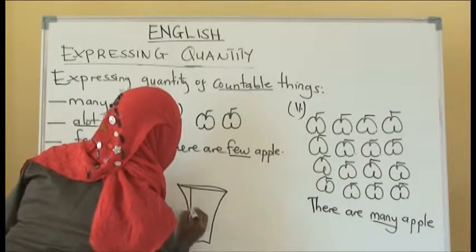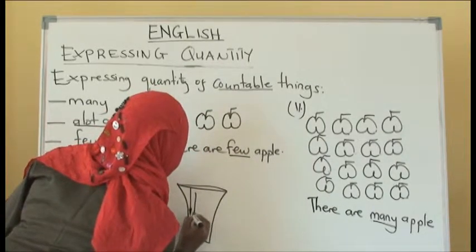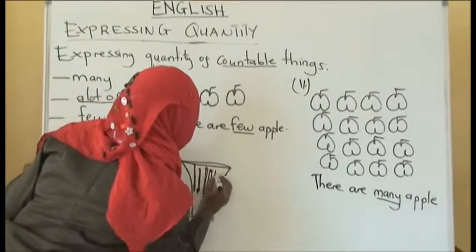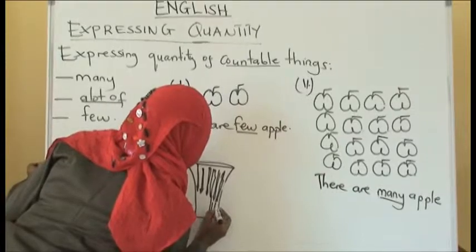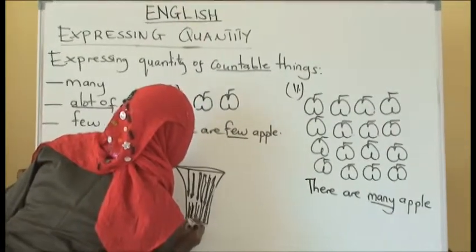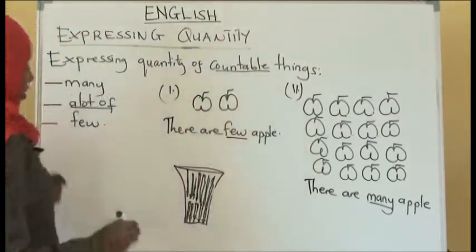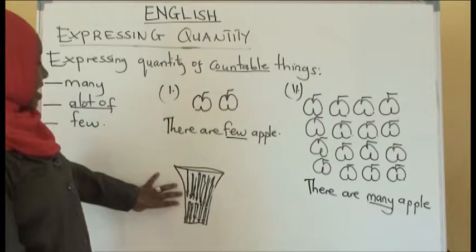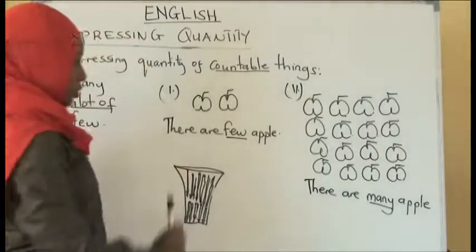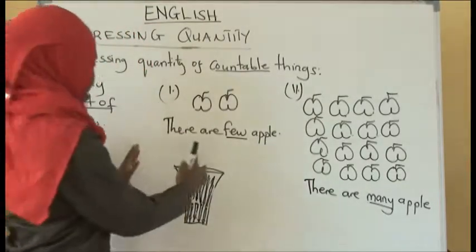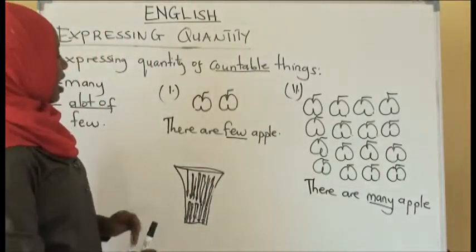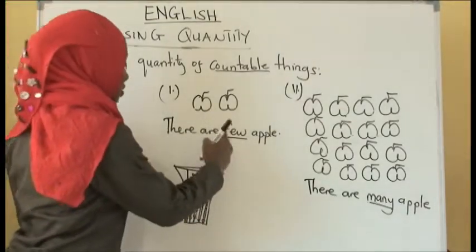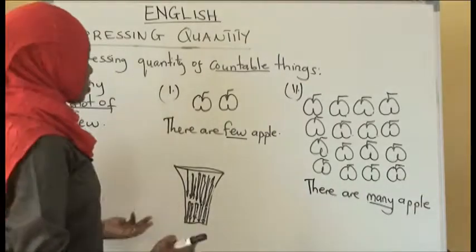Also, you can see here, this is my tin, and in this tin I have very many pencils. So, if you are to answer the question about pencils in this tin, and you are asked, how many pencils are there? Are they few or many?